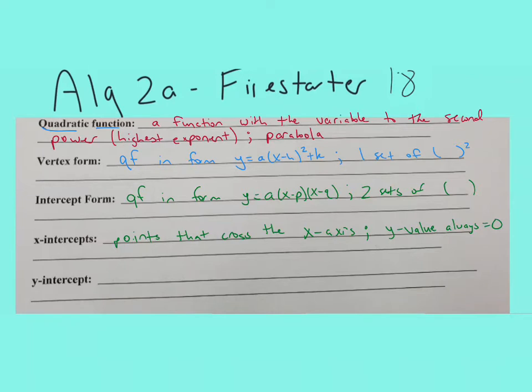In intercept form, P and Q give the x-intercepts, where P is an x-intercept with the point (P, 0), and Q is the point (Q, 0).